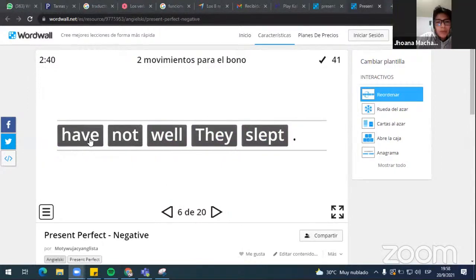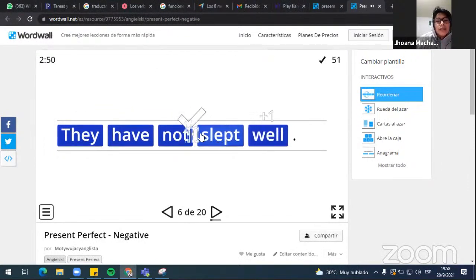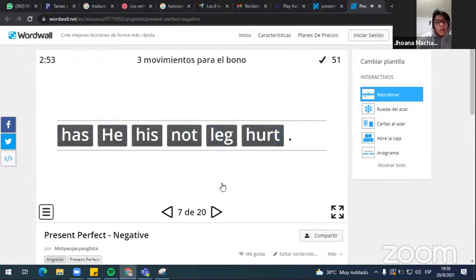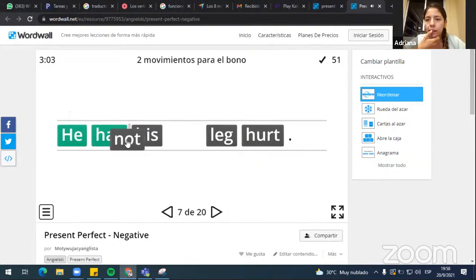They have not spoken well. He has not hurt his leg.